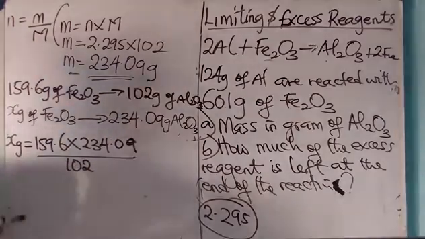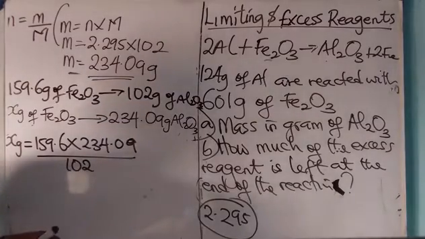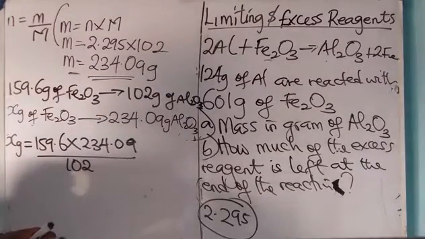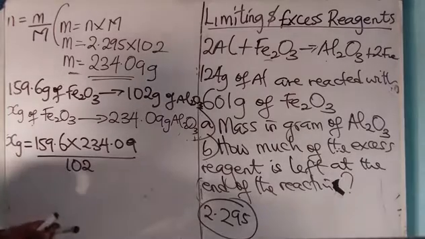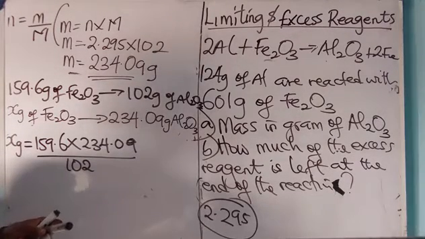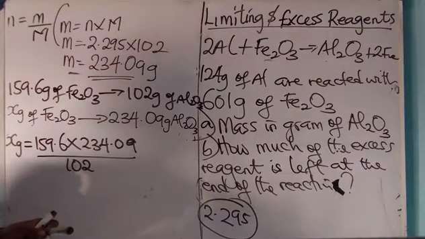Okay, so what do we get? 159.6 times 234.09, divided by 102.